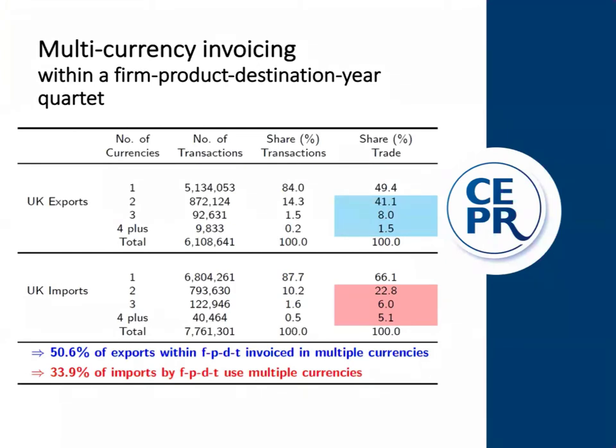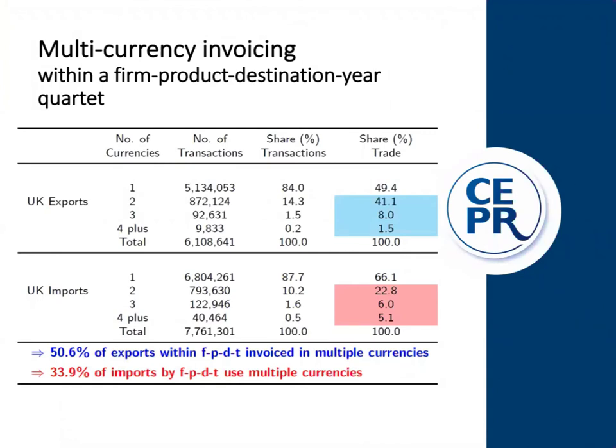However, we see from rows 2, 3, 4 plus that roughly 50% of UK export value originates from firms that, for a single product within a single country, are selling the good with two different currencies of invoicing.